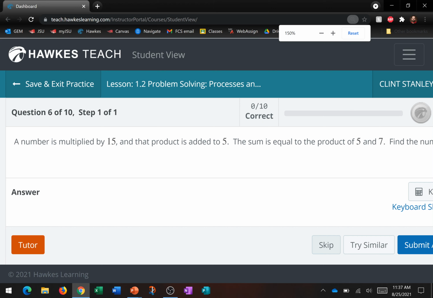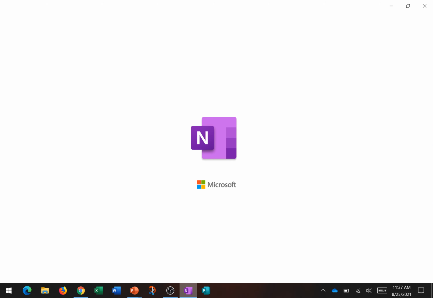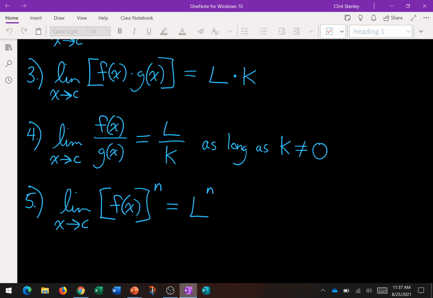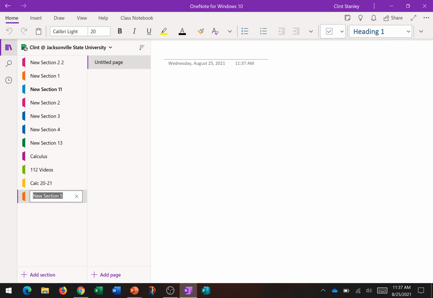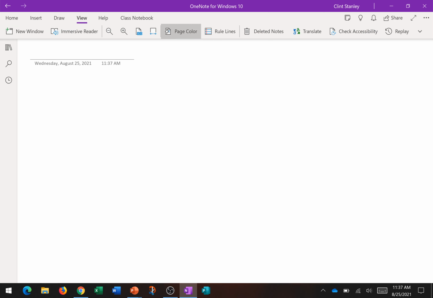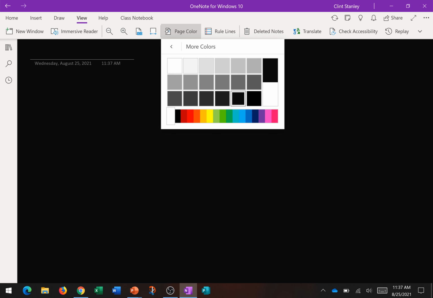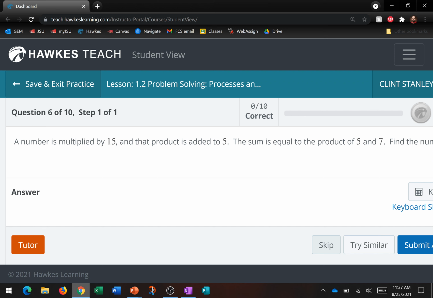So we've got a number multiplied by 15. Let me get some scratch paper here. So I'm just going to go with x again. You don't have to use x. If x gives you anxiety, you pick some other variable, okay? That says we've got some number that's multiplied by 15. I'm going to go ahead and write it the traditional way. And then it says we take that and add that product to 5, so plus 5.